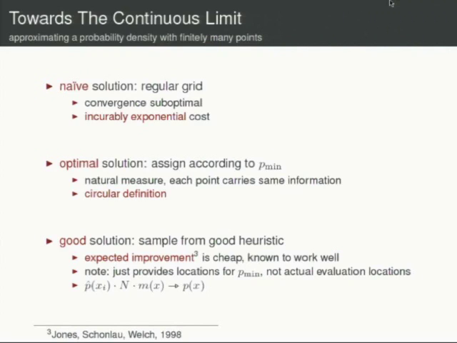The optimal answer would involve assigning the evaluation points, these finitely many points that we have to approximate our distribution, using the actual natural measure, which is the distribution over the minimum. But that's a circular definition, so we can't do that. We can't use the function we're trying to evaluate to decide where we're going to evaluate it. But we can do something that gets close to it. We can choose another measure which tends to have high mass in about the right regions.